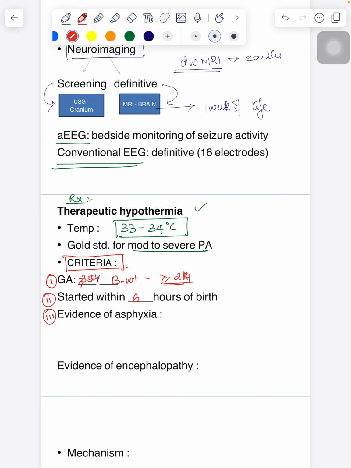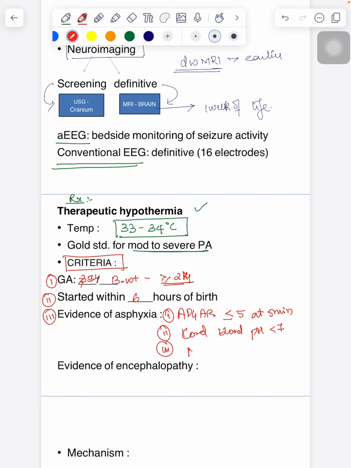Third, the child should have some evidence of asphyxia. Evidence of asphyxia means an Apgar score of less than or equal to 5 at 5 minutes, or the child needing positive pressure ventilation after 5 minutes of birth, or the child having a cord blood pH of less than 7.